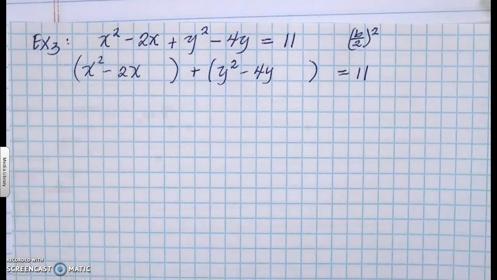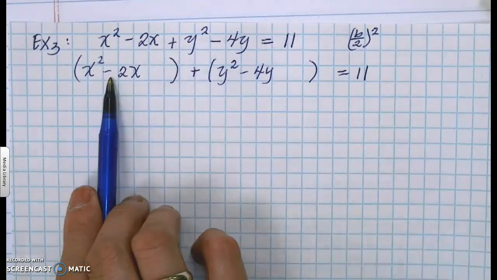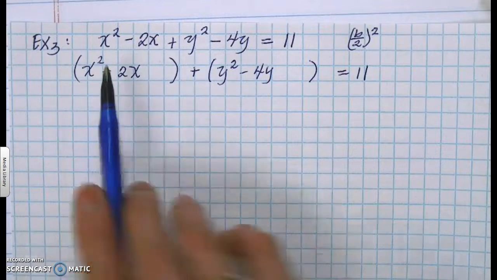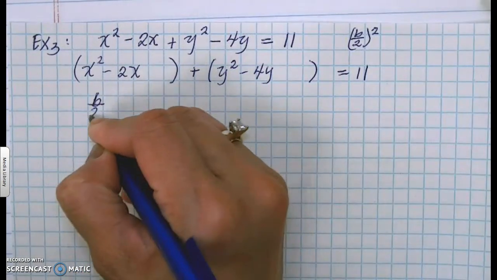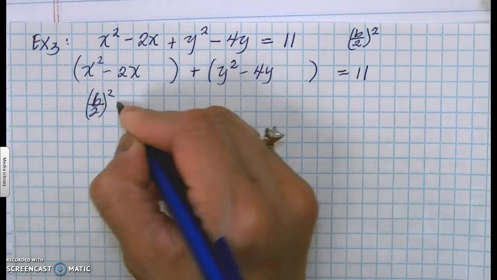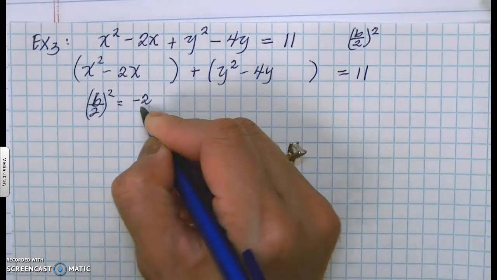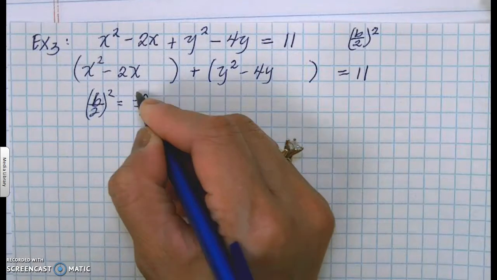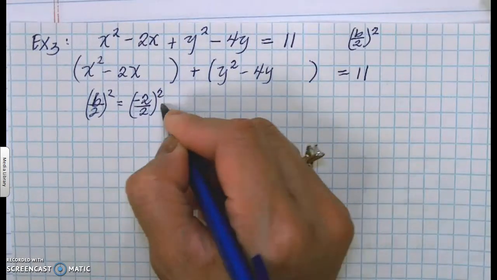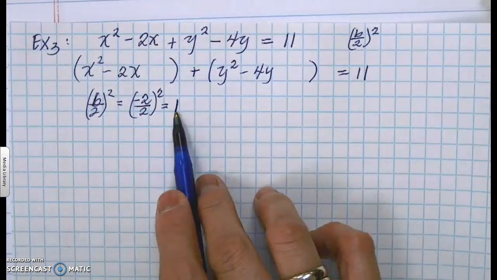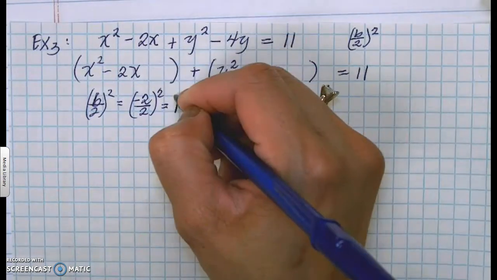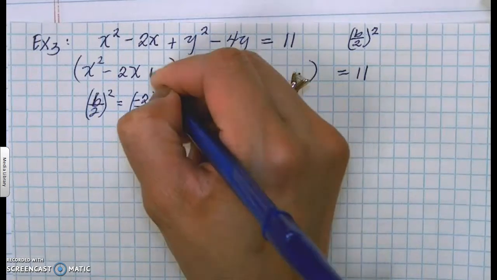Okay, so let's begin. The b for this one is -2. So I'm going to go ahead and put b over 2 squared. And that will be -2 over 2 squared, which is a positive 1. That's going to end up being here, so plus 1 there.